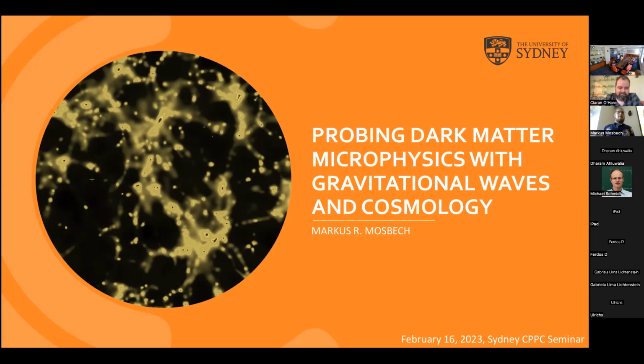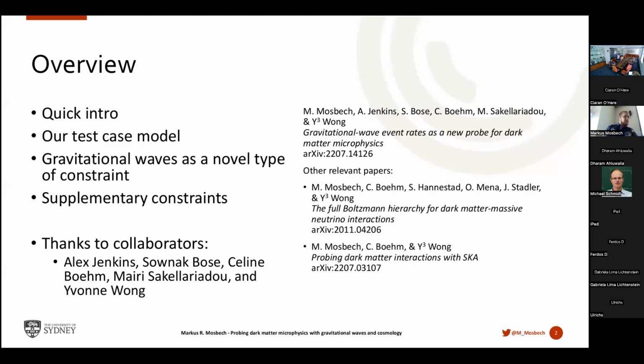Okay, so welcome to my talk. Some of you may have heard parts of this before, but today you're getting the long version. To give a quick overview of what I'm going to be talking about: first, I will give a quick intro to dark matter, what it is, why we're interested in it, and so on. Then I will give a brief introduction to the test case model we are using for our various analyses of dark matter interactions.